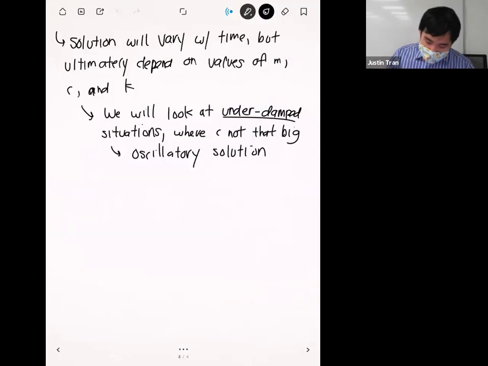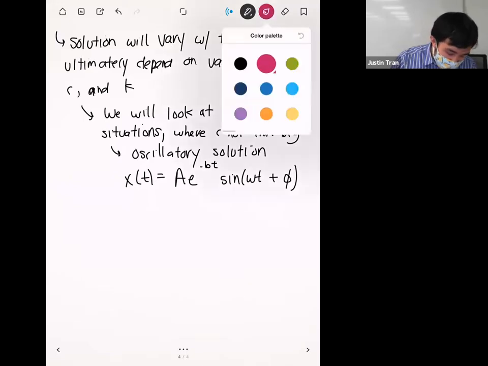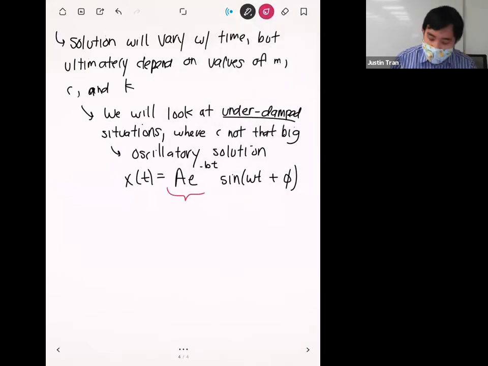In this situation, the solution takes the following form: x of t is equal to A e to the minus bt times sine omega t plus phi. There are two aspects of this solution that I want to highlight. First is this part right here, which is known as the exponentially decaying amplitude.